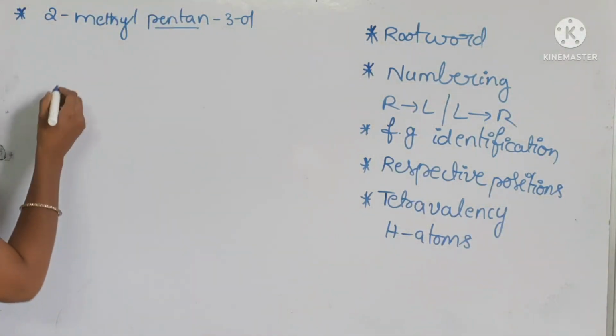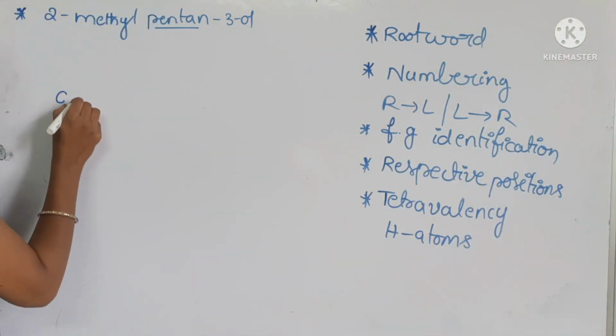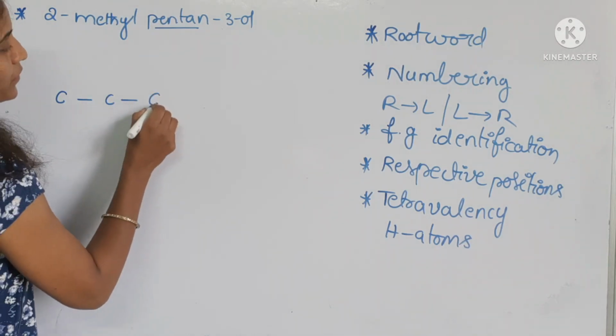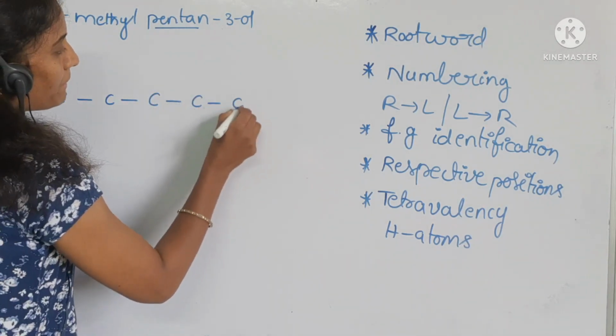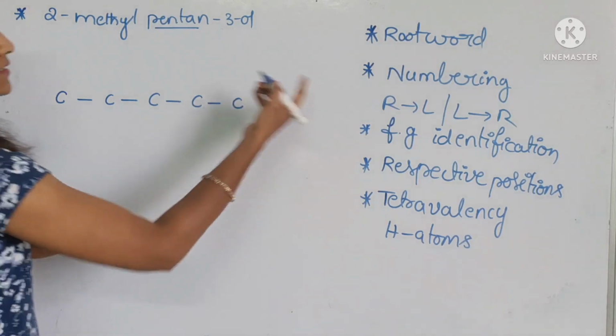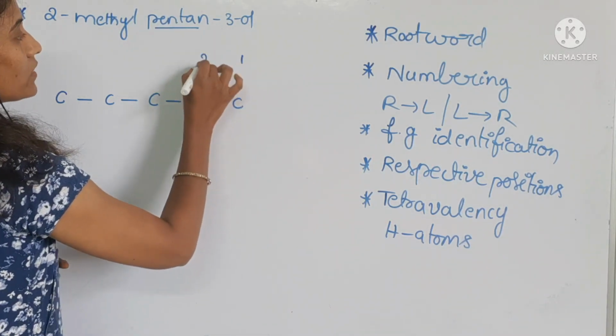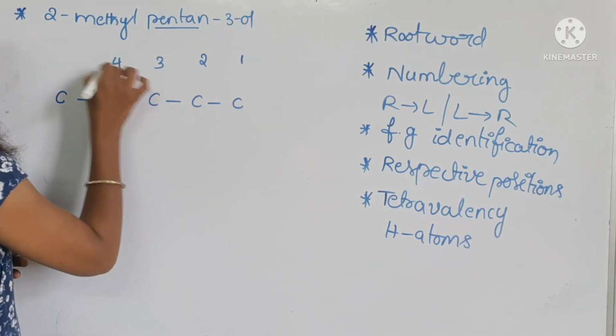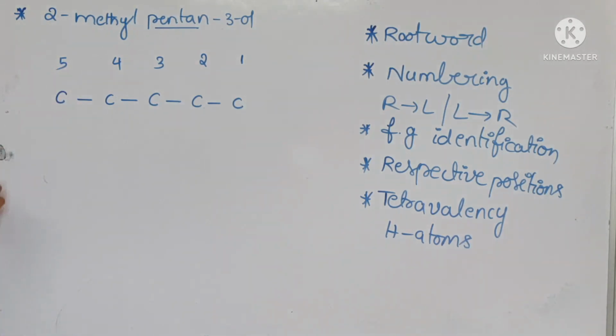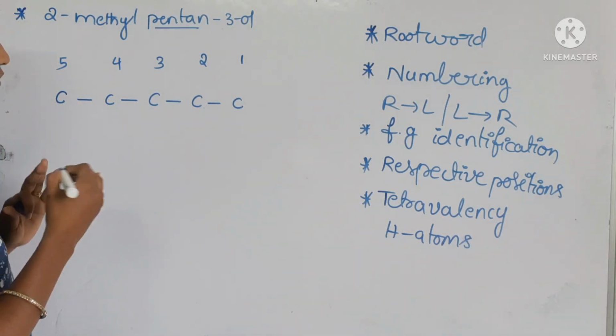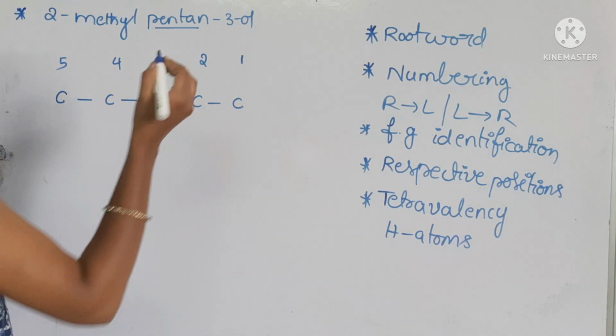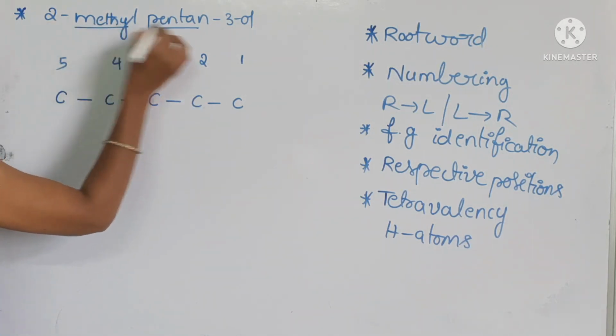So you can write 5 carbon atoms: meth, eth, prop, but, pent. After that, the second step is to give numbering: 1, 2, 3, 4, 5. Either left or right, anyone you can choose. After that, identification of functional groups. Here 2 functional groups are there.